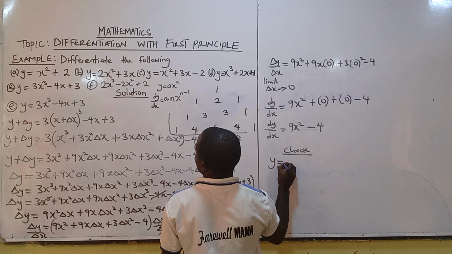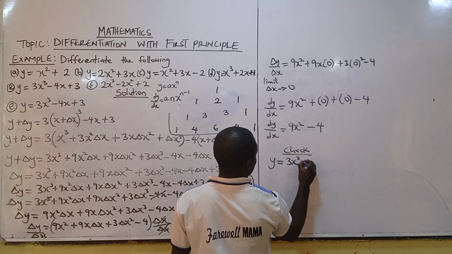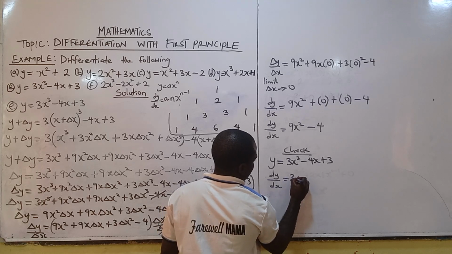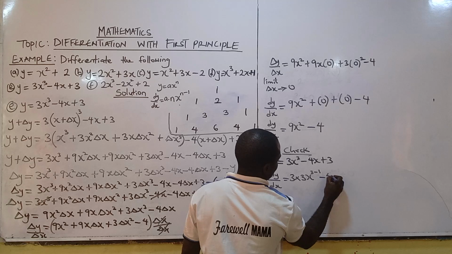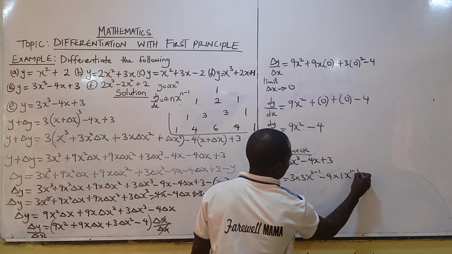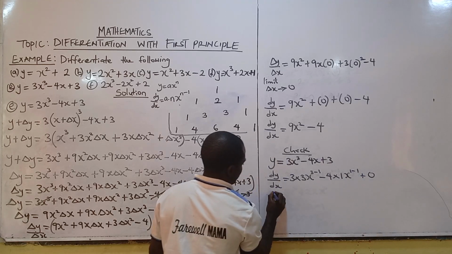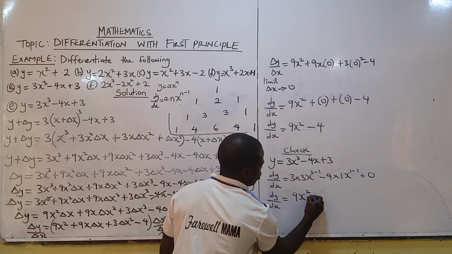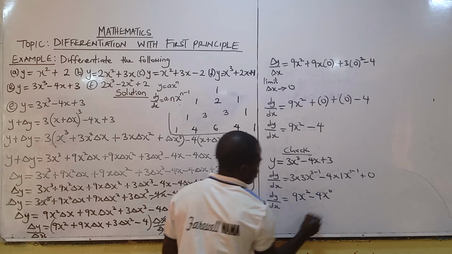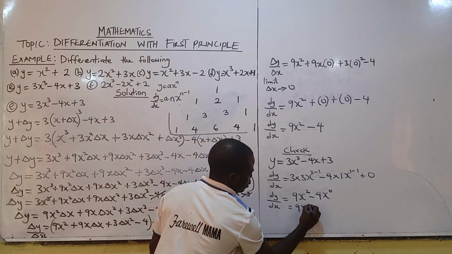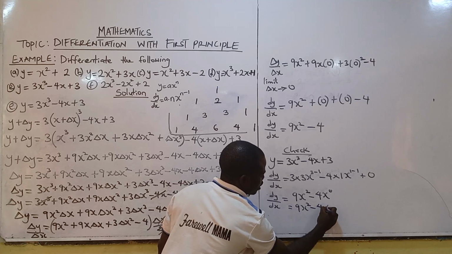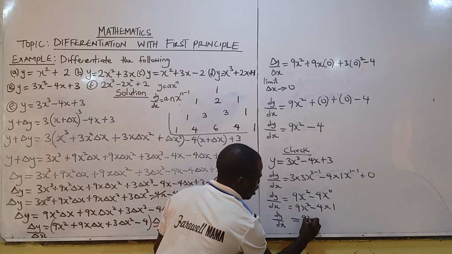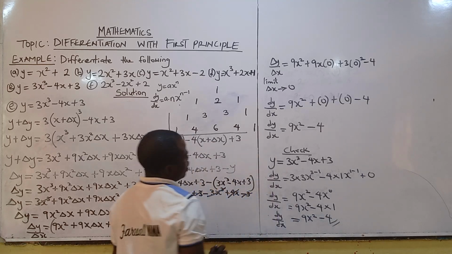Now let's differentiate this. We have y equals 3x cubed minus 4x plus 3. dy over dx equals 3 times 3, x to the power 3 minus 1, minus 4 times 1, x to the power 1 minus 1, plus 0. dy over dx equals 3 times 3, that's 9, x squared, 3 minus 1 is 2, minus 4, x to the power 0 equals 1, so 9x squared minus 4 times 1. dy over dx equals 9x squared minus 4.